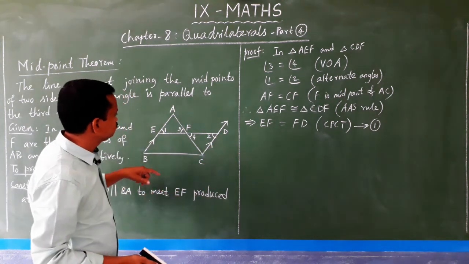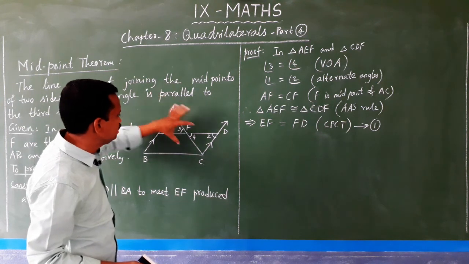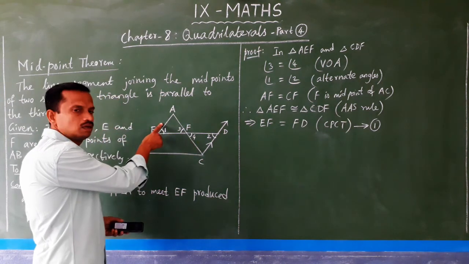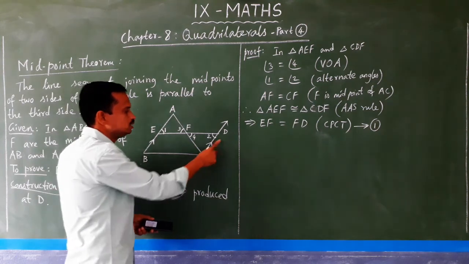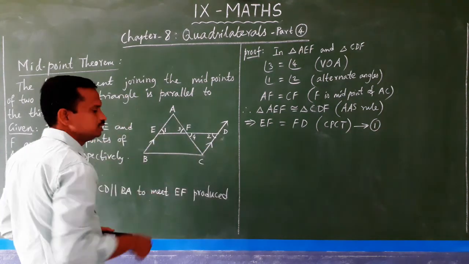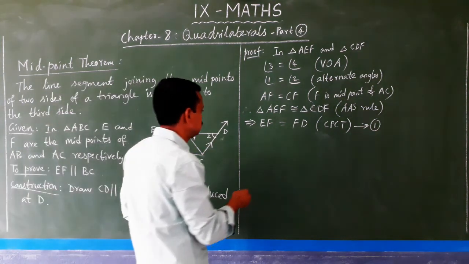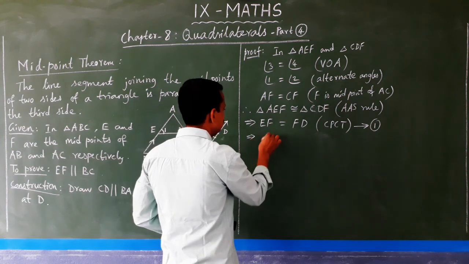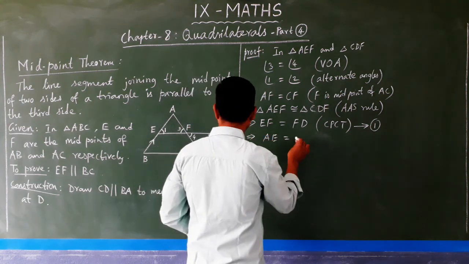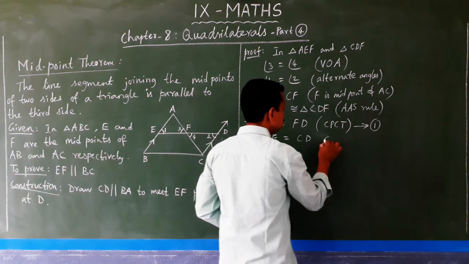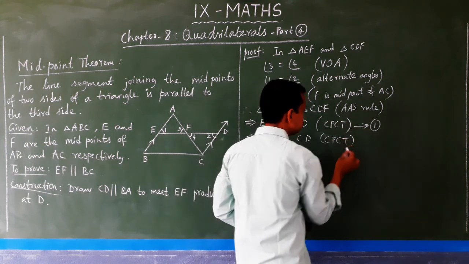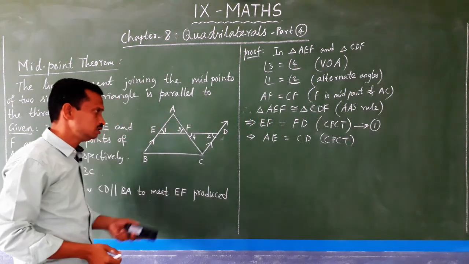And now we have AE and CD. AE is a side of triangle AEF and CD is a side of triangle CDF. So AE is equal to CD, again by CPCT. AE equals CD.